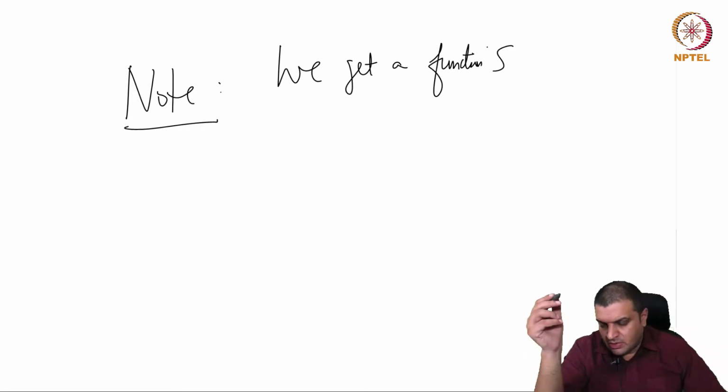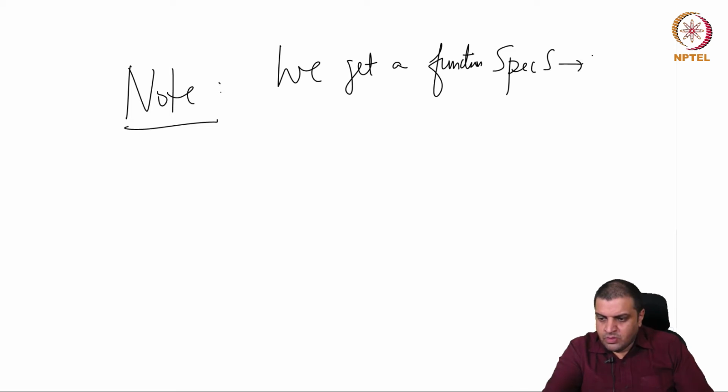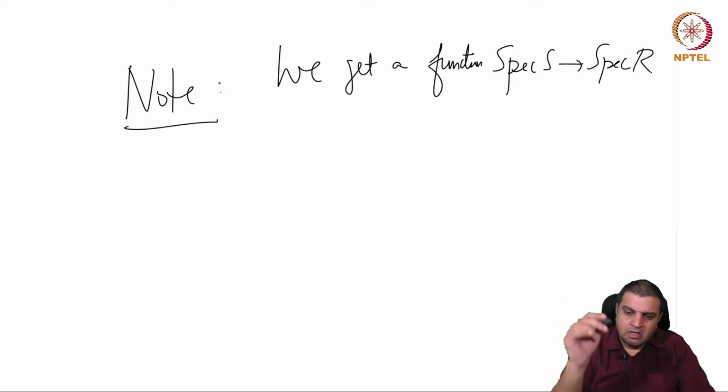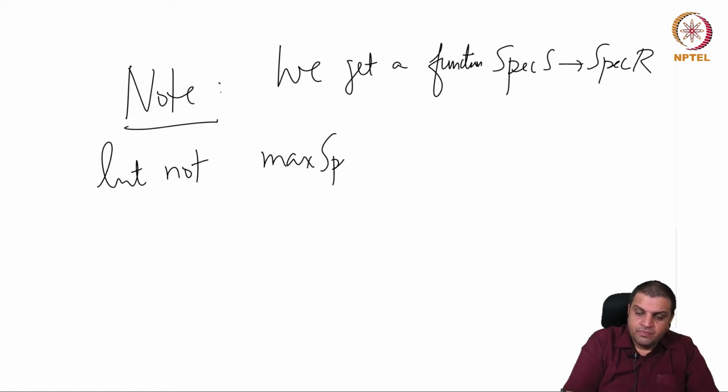Using the Zariski topology, it's even a continuous function. But it is not a map from the max spec of S to the max spec of R.